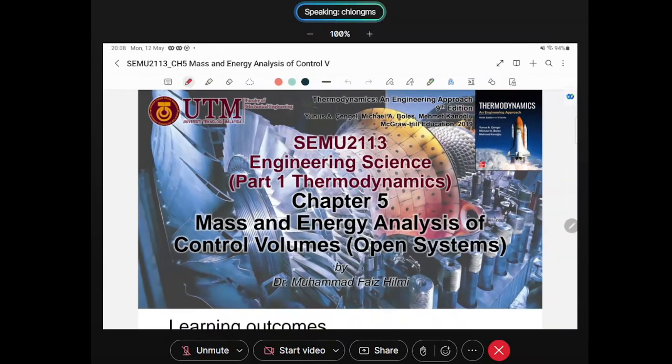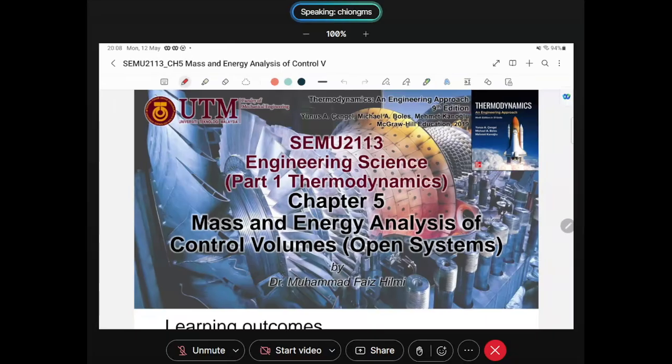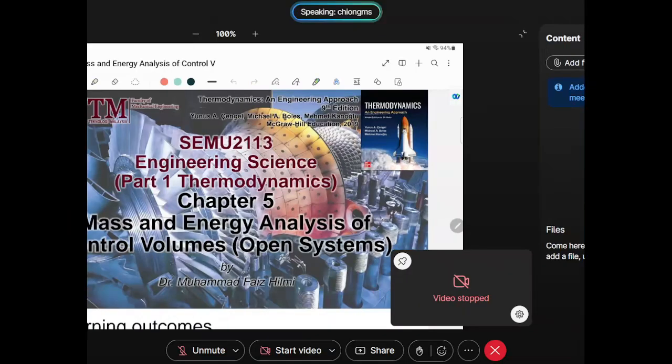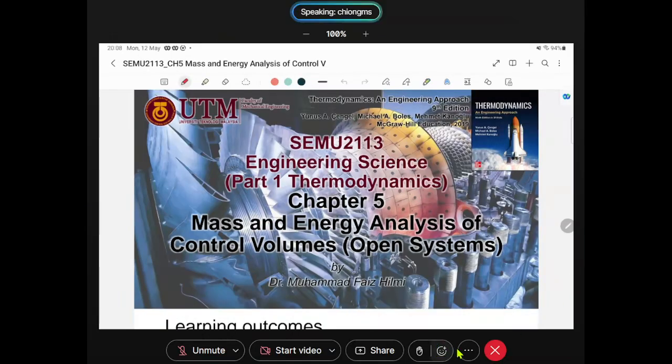But of course, to answer chapter 4, you need to understand chapter 3, because chapter 3 was the fundamentals of energy. And the second question will be chapter 5, which is what we'll be covering today. It's an open system. So one question on a closed system, one question on an open system.